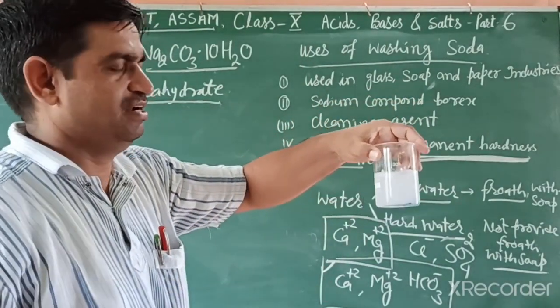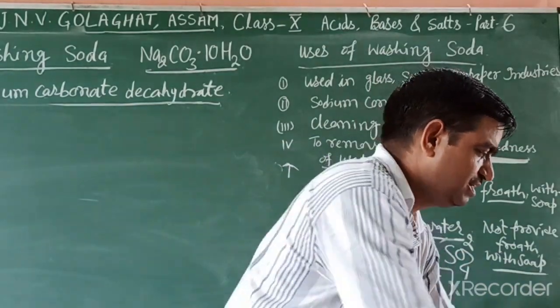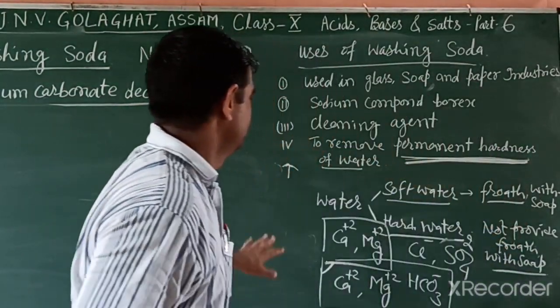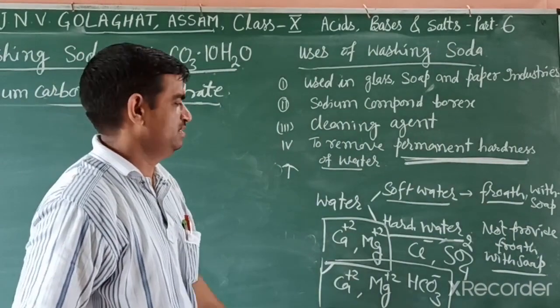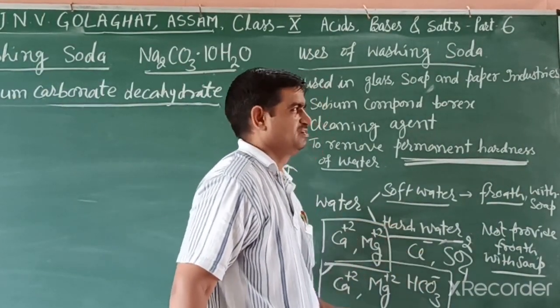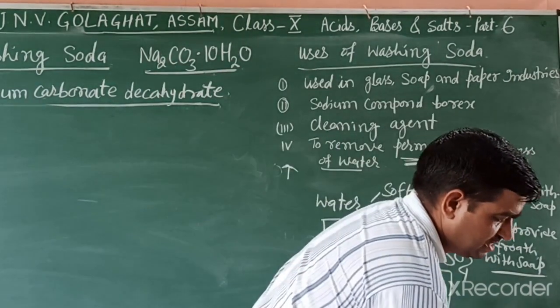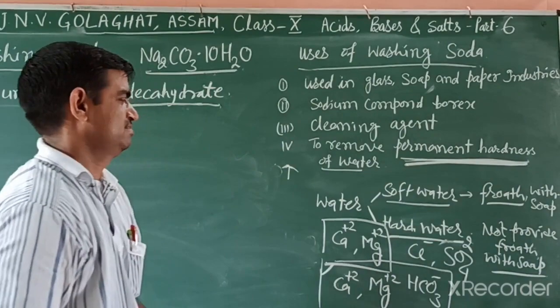We can prepare hard water in the laboratory by mixing calcium and magnesium salts, because the hardness is caused by calcium and magnesium ions, with chloride and sulfates. When the calcium and magnesium are present as bicarbonate ions, that is temporary hardness.